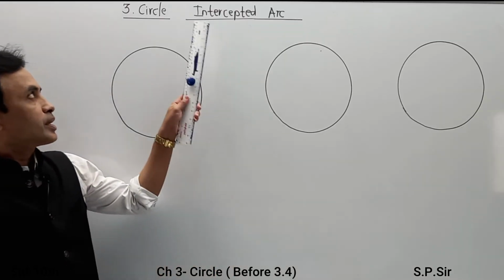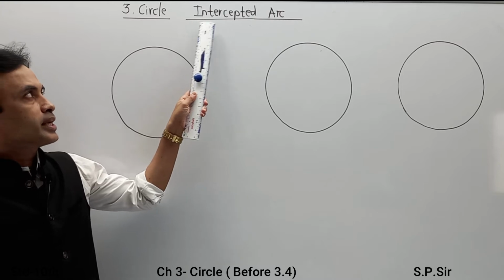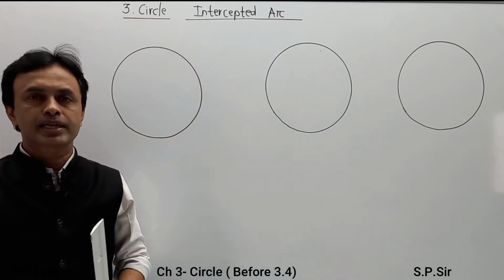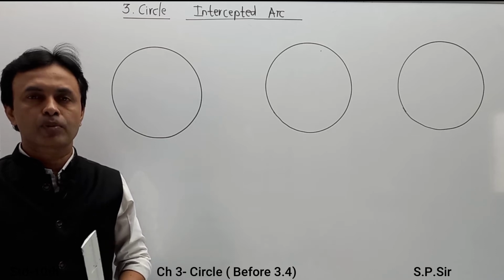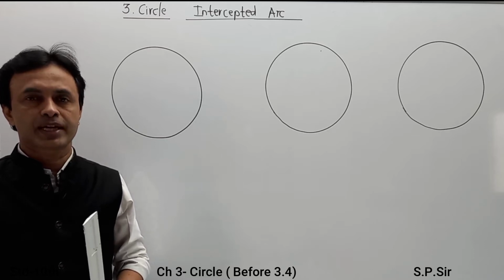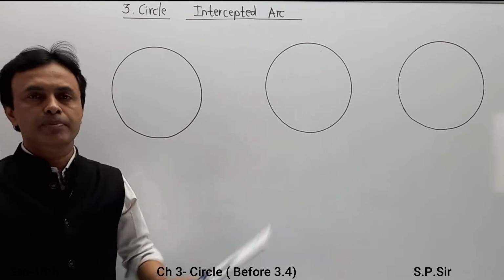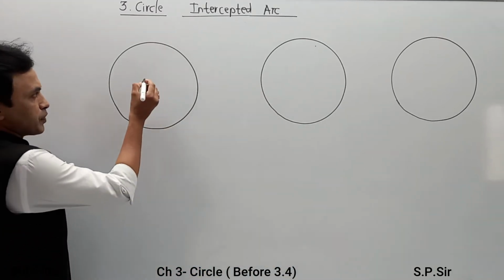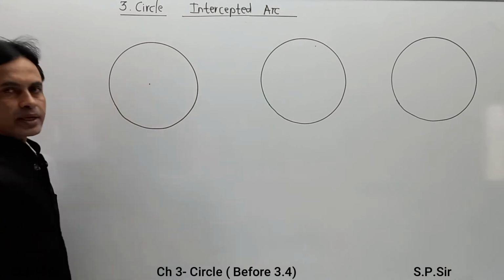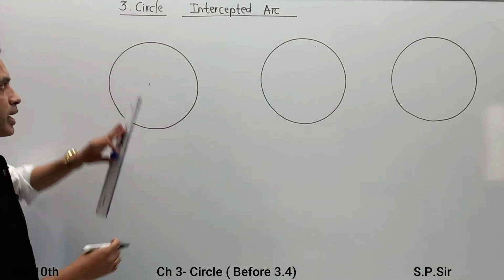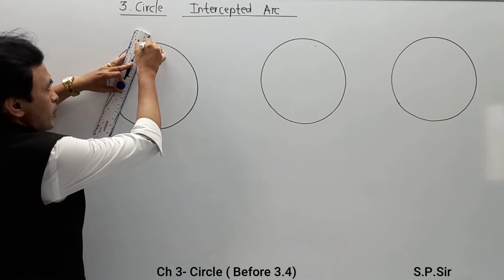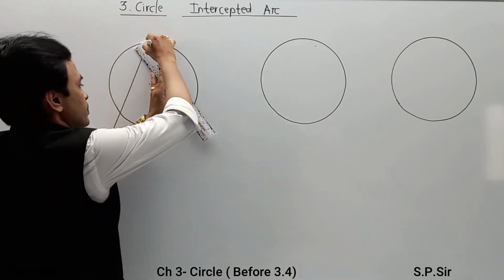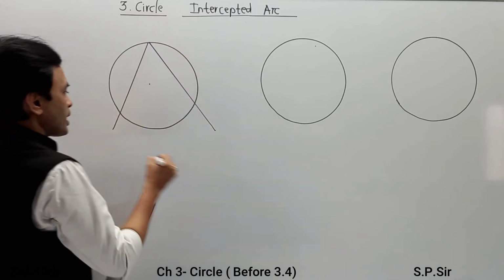Now students, we are trying to understand the concept called the intercepted arc. Basically, an intercepted arc means an arc which gets trapped or blocked by a particular angle. Here I have drawn 3 circles. In the first case, step by step I am going to introduce the part. Let us say I have drawn one angle which is formed on the circumference of the circle.